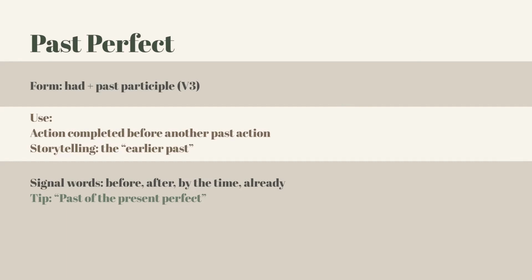It's like storytelling, basically. First this happened in the past, and then another thing happened in the past, and then we're on today. But there are two things that happened in the past. And if there are two things that happened in the past, we use past perfect.